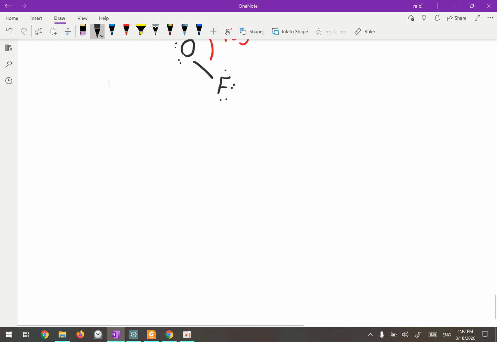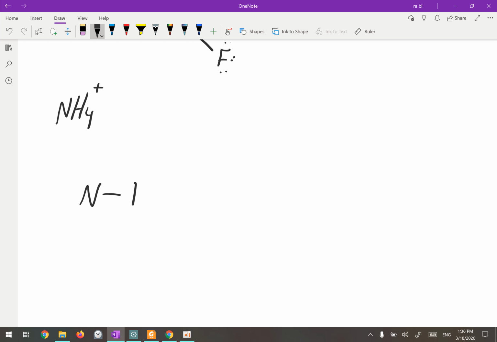Okay, the next we have drawn is NH4 plus. So it's a polyatomic ion. As we said in the class, polyatomic ions are charged groups of atoms which are bonded to each other covalently. So you have nitrogen which is covalently bonded to 4 hydrogen atoms and it has the charge.